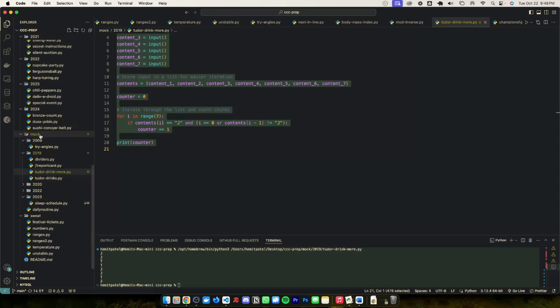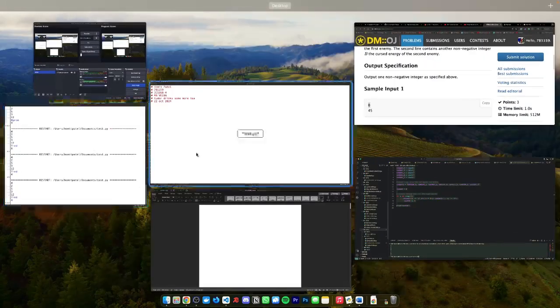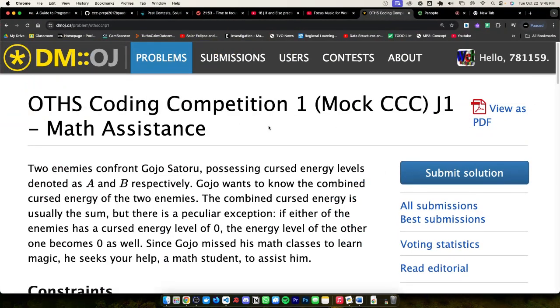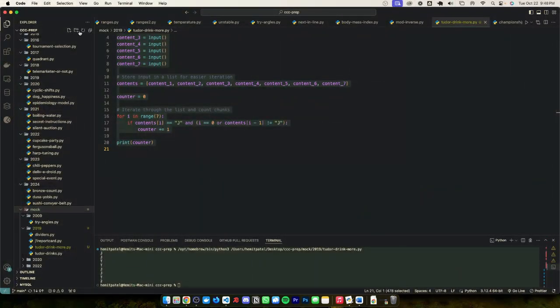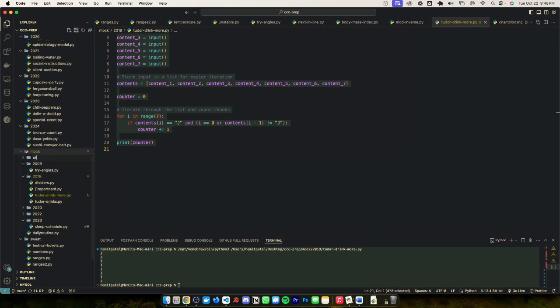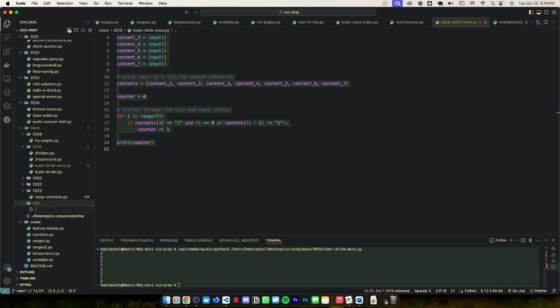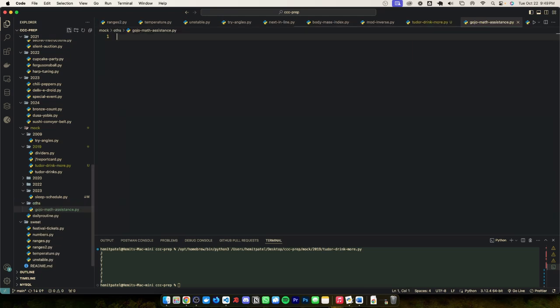So I'm going to go into my mock file, and I'm just going to say OTHS, which is just a high school, I assume. And I'm going to say gojo math assistance, and that's going to be a Python file.